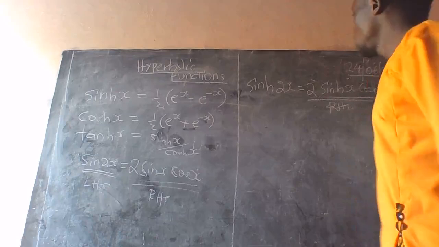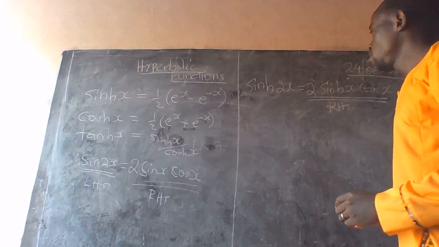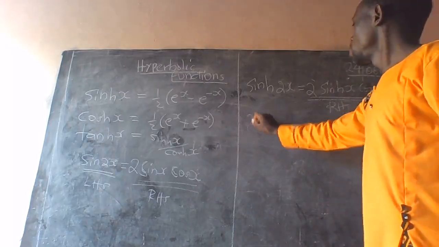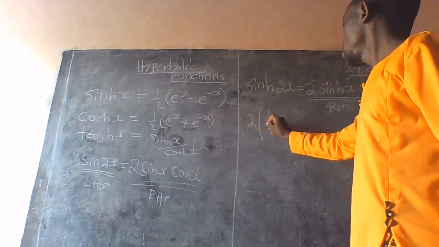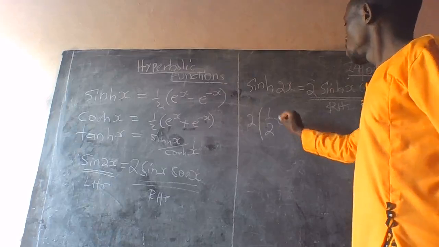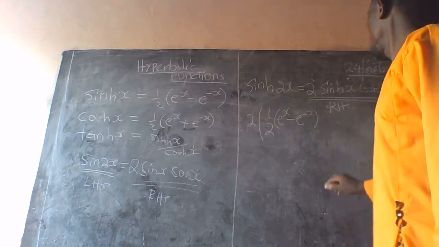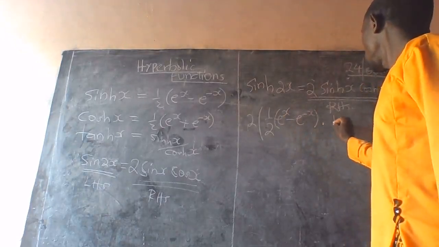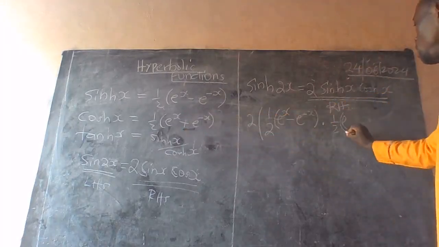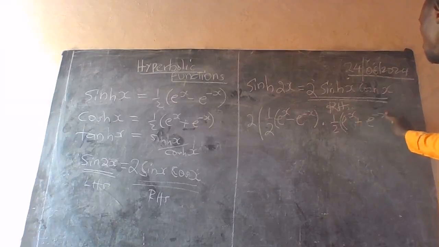The first thing is that we are going to replace sinh x and cosh x in their respective places according to our definition. So we are going to have 2 multiplied by a half (e^x minus e^-x), and there is a multiplier, then cosh x, which will be given by a half (e^x plus e^-x), positive here.